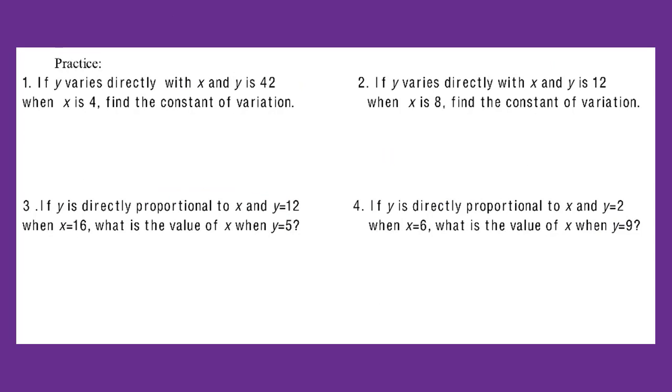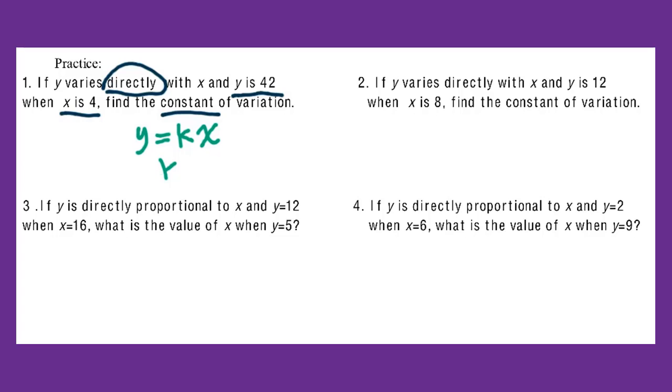Practice 1. If y varies directly with x, the keyword is directly, and y is 42 when x equals 4, find the constant of variation. For the constant of variation, write down the function y equals kx.